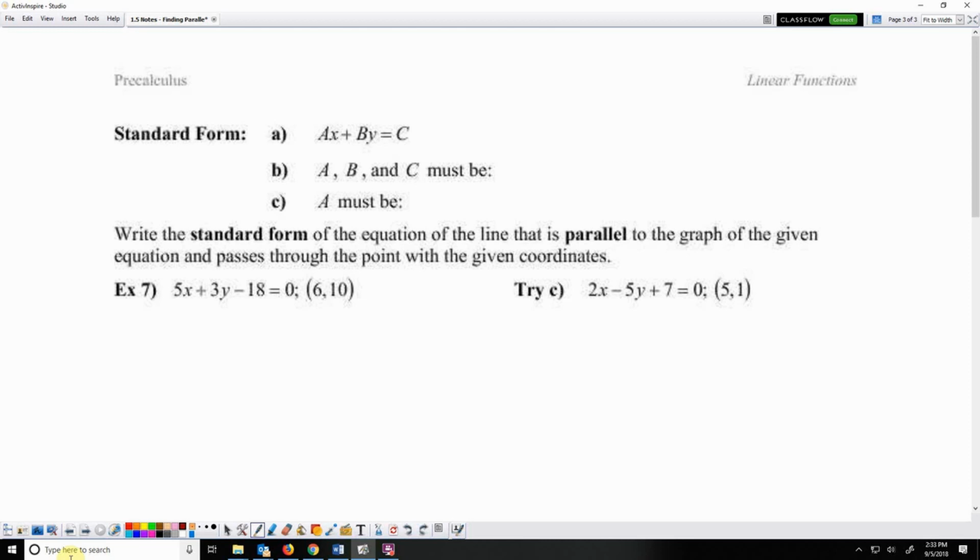Standard form of a line, ax plus by equals c. We're going to write ours in this order. Sometimes people keep the c on the left side. We're going to keep the c on the right. A, b, and c must be written as integers. So there's no fractions or decimals.